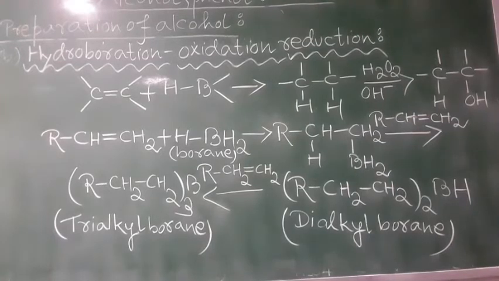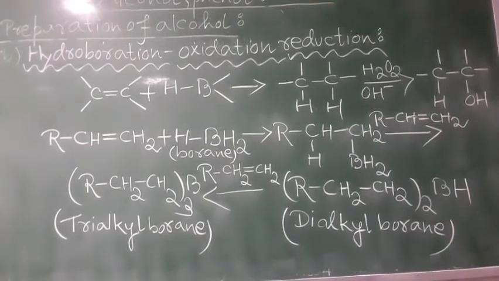This involves two reactions: addition of borane, BH3, to the double bond, called hydroboration, and oxidation and hydrolysis to give an alcohol. Please copy this down in your exercise copy.